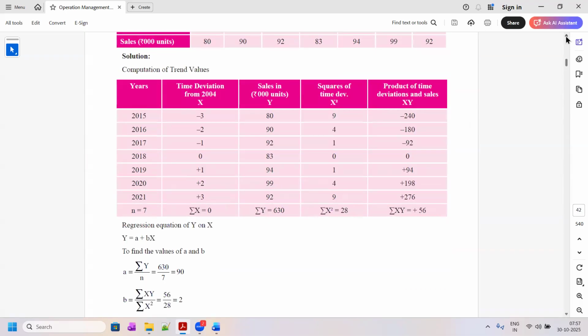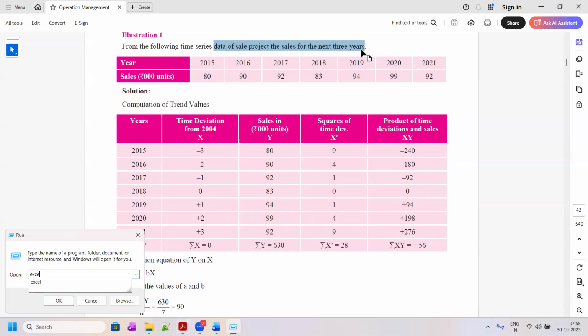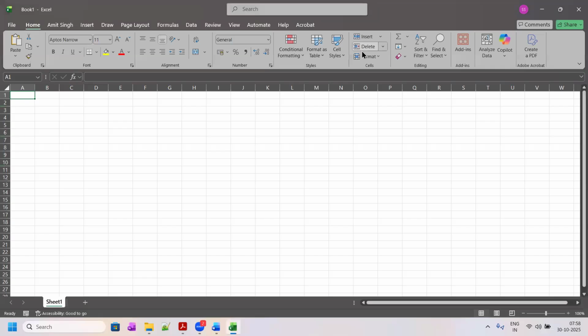See this question. From the following time series data of the sales, project the sales for the next 3 years. This is the question. Let me open it in Excel. Different years are given: 2015, 2016, 2017, 2018, 2019, 2020, 2021.